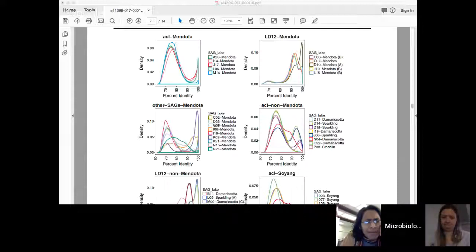So in this plot, they allowed reads to be recruited to multiple SAGs from this lake. But what they then did was they said, now we're going to do competitive recruiting, and we're only going to let it be recruited to its best match. So if that read recruits to its best match, then we're not going to allow it to recruit anywhere else at any lower identities.